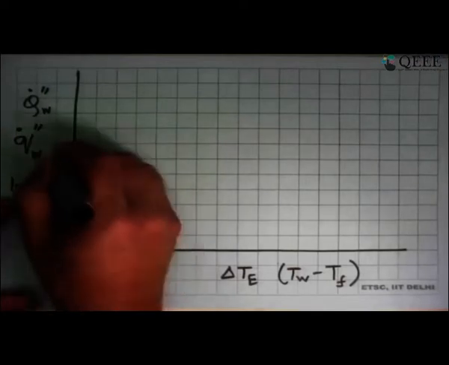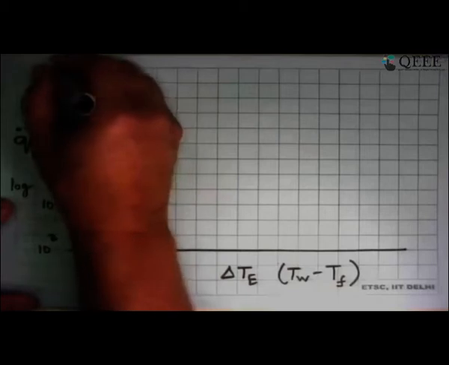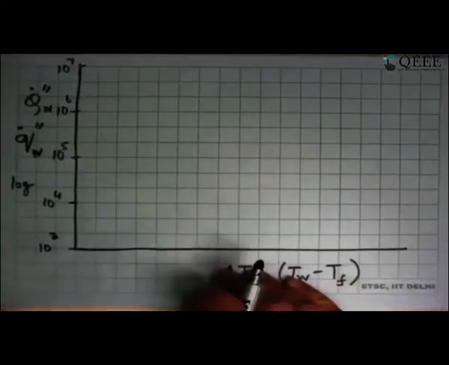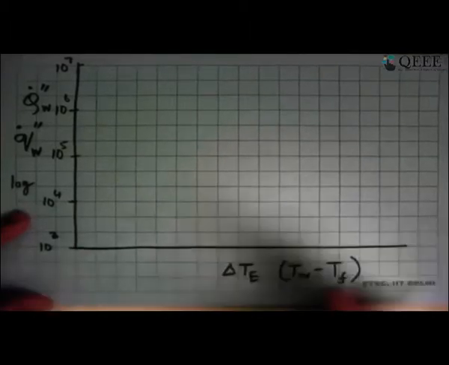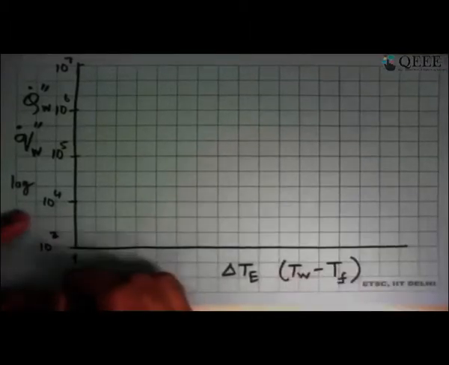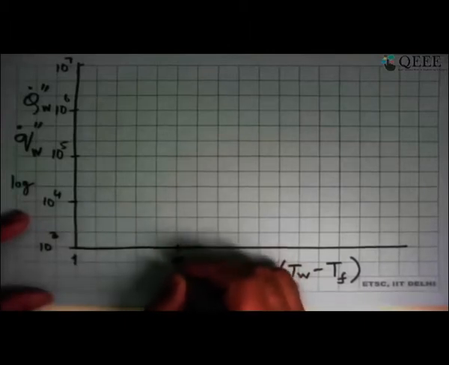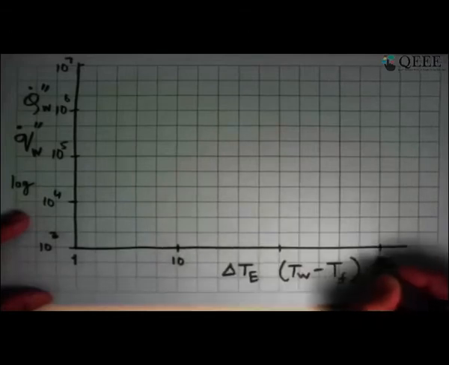Here it is 10 to the power 5, 10 to the power 6, 10 to the power 7. Very, very large numbers. And what do we have on this side? This is also a logarithmic scale, delta T of 1. Then you could have delta T here of 10. And then you have 100. And there you have 1000.